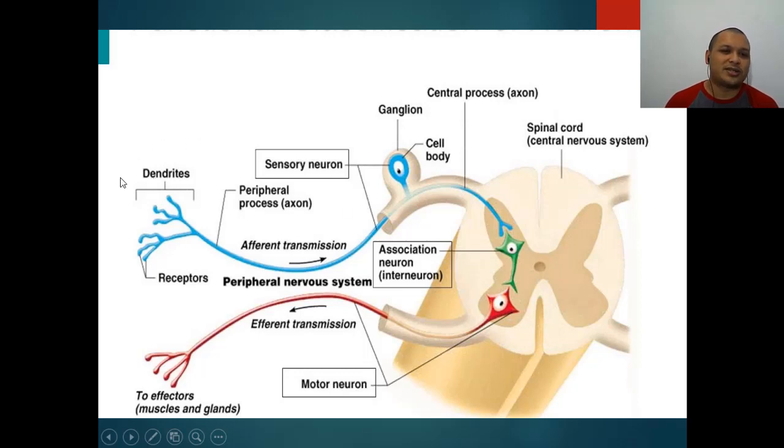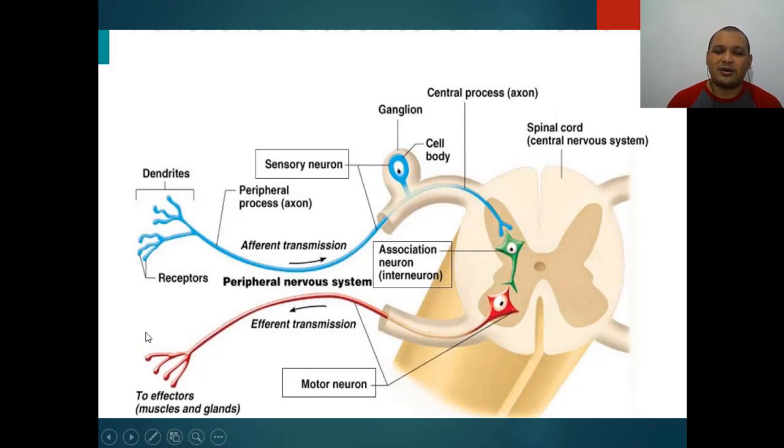In this case, for example, the receptor of the dendrites is located in your skin. When you touch a hot object, the hot object gives some information, and it is transferred this way. The interneuron processes the information, and from there your body gives a response by sending another signal to your muscle.